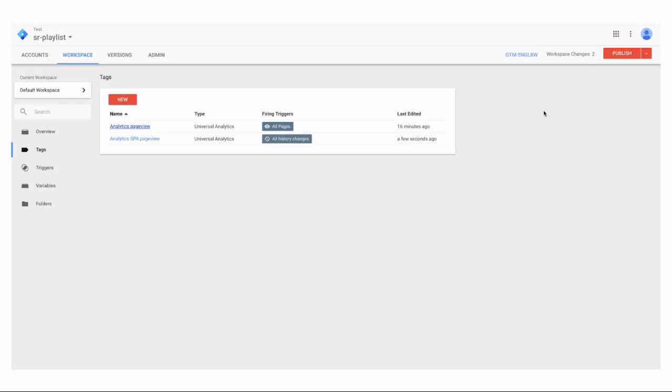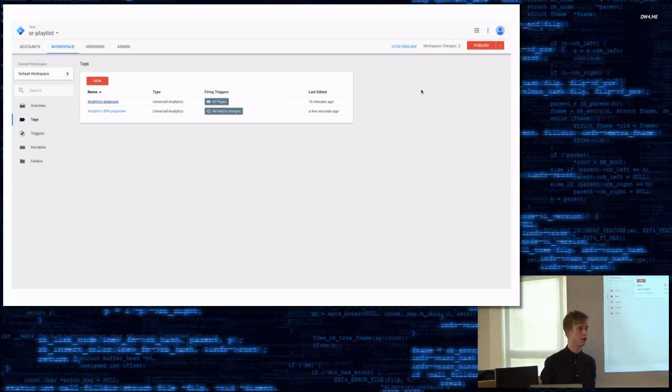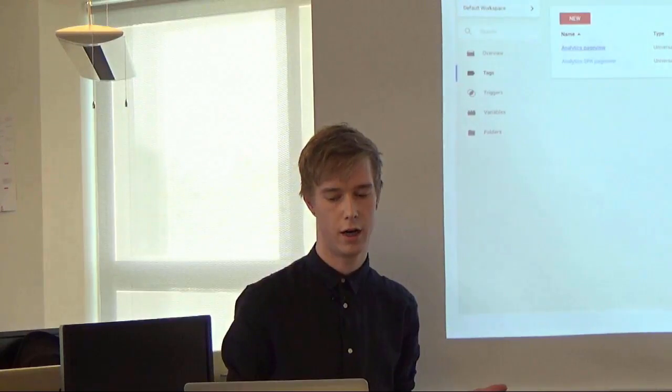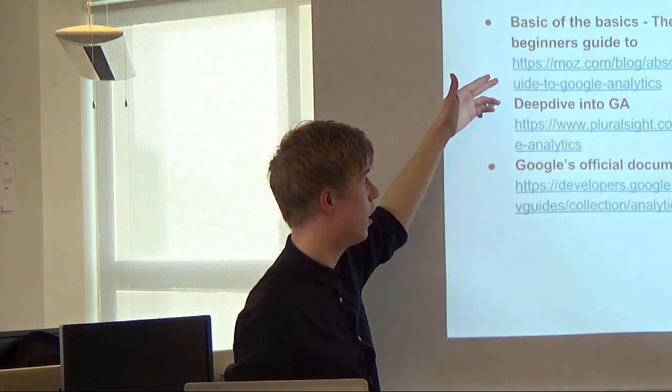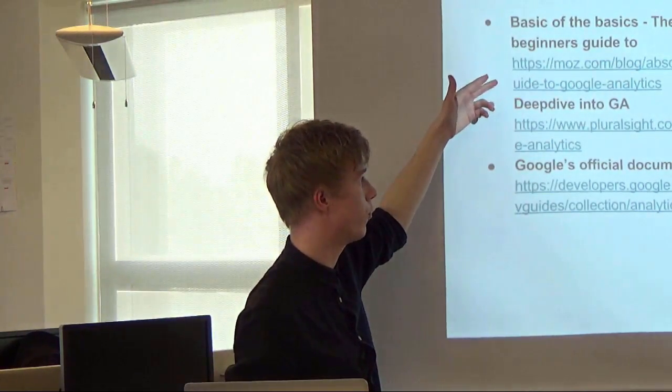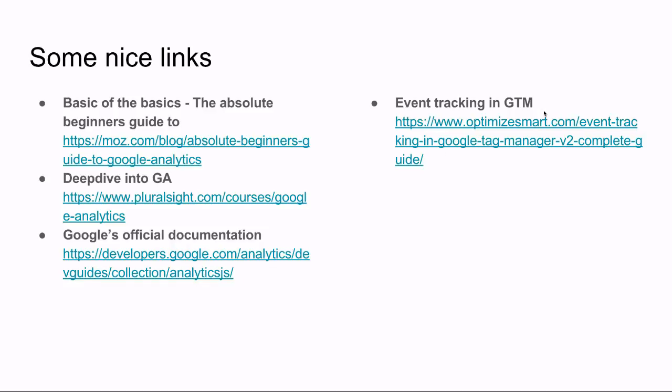That's pretty much all I have to say. That's Google Tag Manager in a nutshell. If you want to do events tracking or something a little more complex, I have some really good resources. There's the absolute beginner's guide for Google Analytics if you felt like you didn't really follow some of this.